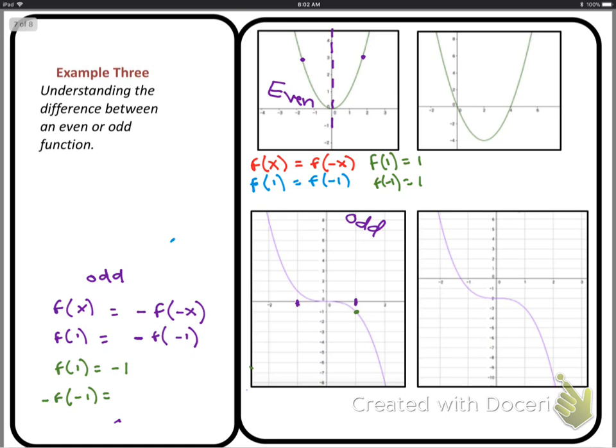So we have to check. So the function of -1 is 1. And that is the opposite. So this here tells us that it is odd. Okay, when you choose the opposite x and get the opposite y, you have an odd function.